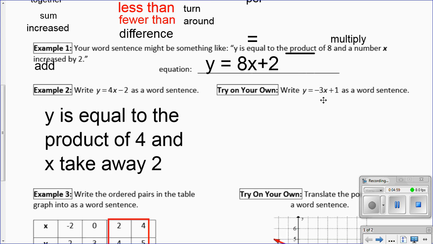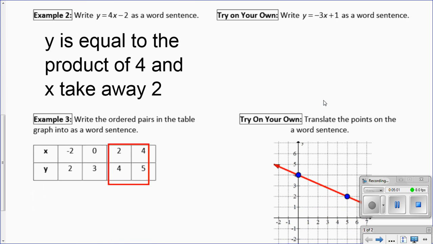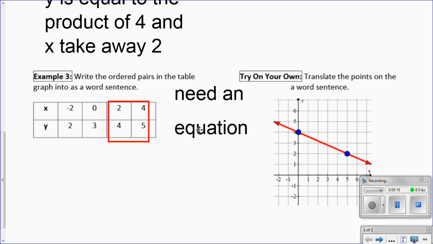Okay? Example 3, we have to write the ordered pairs in the table or graph into a word sentence. So basically, when we do these, they either give us a table or a graph, they don't give us the equation. We need an equation to write into words. Okay? So with example 3, I'm going to go ahead and get an equation. So I need a slope, a y-intercept, all that fun stuff.